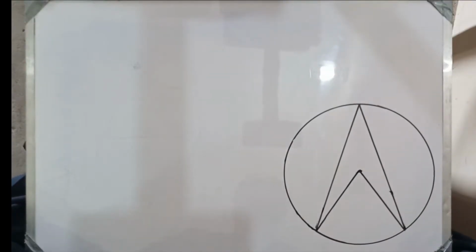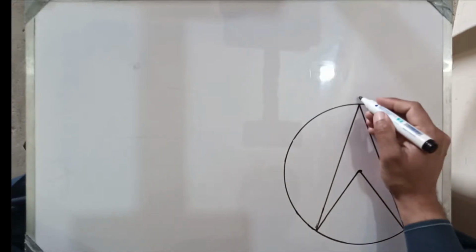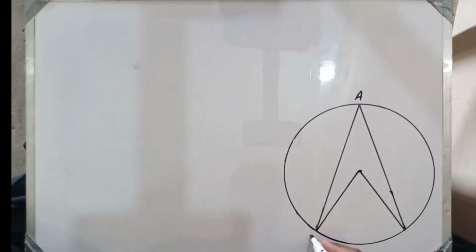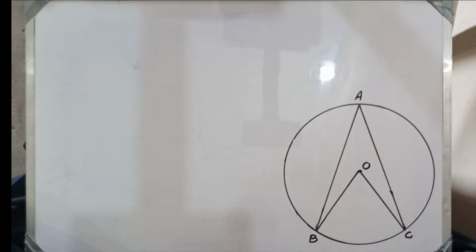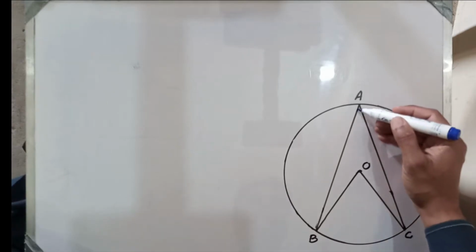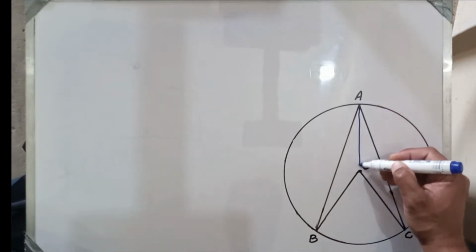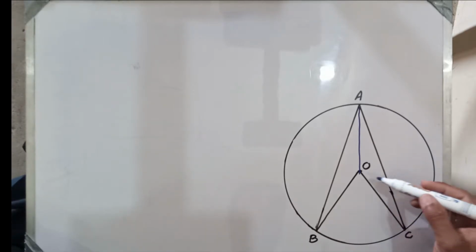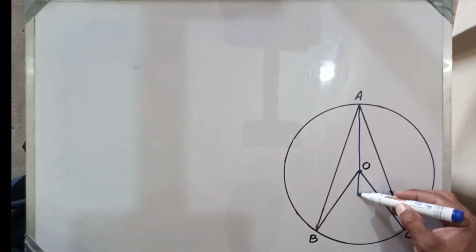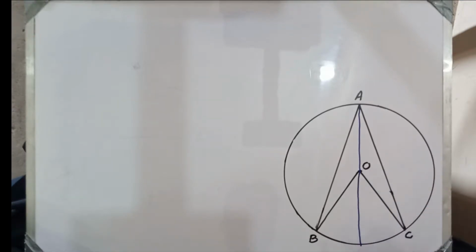First of all, we denote the points by A, B and C. This center will be O. Now first we join point A to O by a line. After that, we produce this line to point X, which cuts the circle at its circumference.